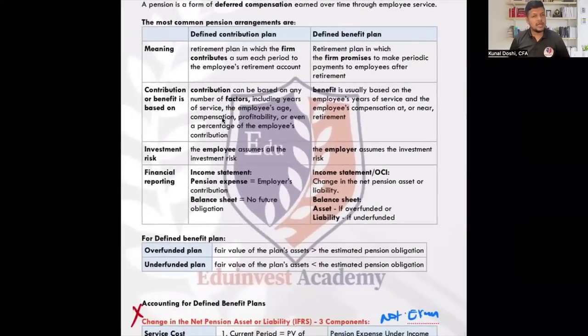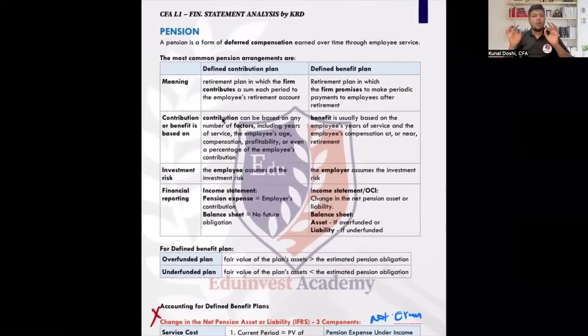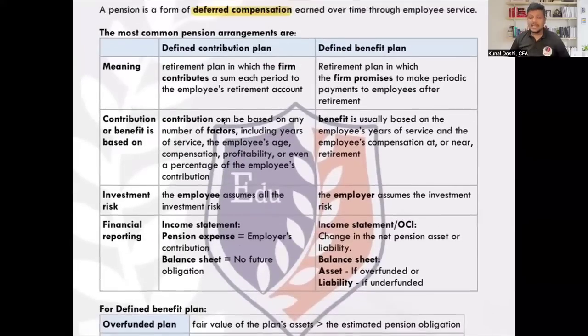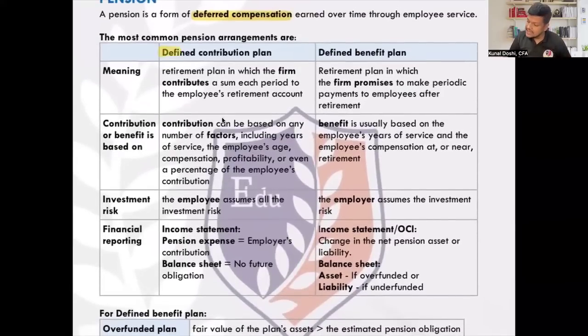Got it? Now, what they mostly ask about is the pension situation. There are two types of pension plan. First of all, pension is called a deferred compensation earned over the employee's service. There are two forms of pension: DC, defined contribution, and DB, defined benefit plan. Under defined benefit, the employer promises you to make some specific payment when you retire.